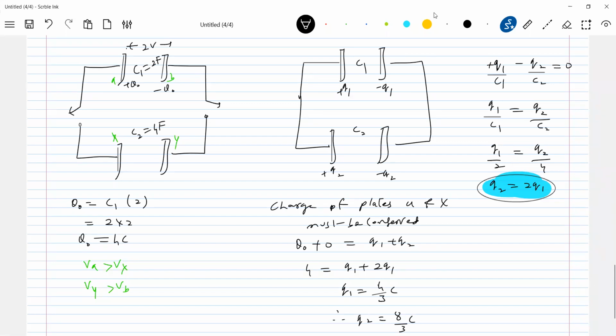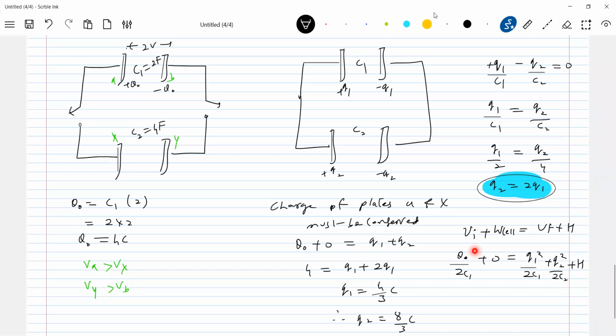What about heat, will any heat be generated? Yes, it will be generated. There is no cell, but you stick to the basic formula. Initial energy in the circuit is Q naught square by 2C1. There's no cell, so work done by cell is 0. Final energy in the circuit is Q1 square by 2C1 plus heat.